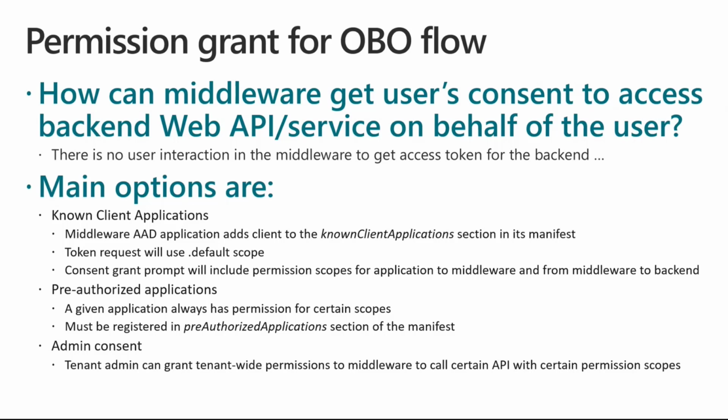Another option is to use the pre-authorized applications section of the manifest, which will simply define the applications that are pre-authorized with a grant for some specific permissions. A third option is the so-called admin consent, meaning that a tenant admin will grant tenant-wide the permissions to the middleware to call a backend API, which is, for example, the scenario that I'm using in the demo that I'm going to show you right now.